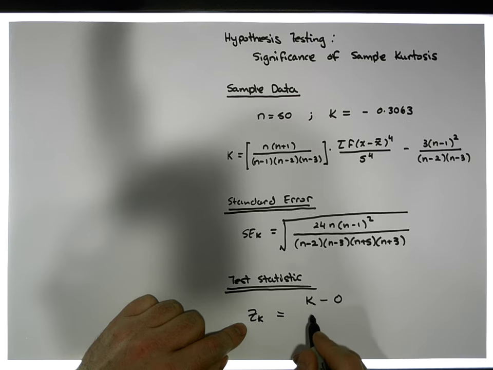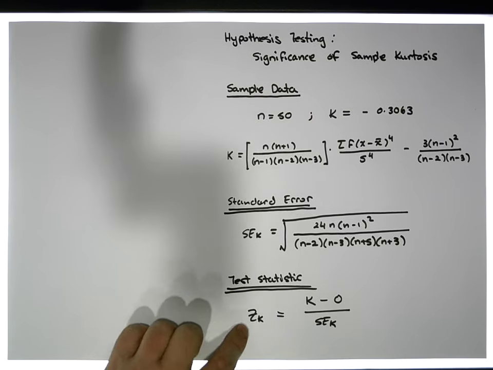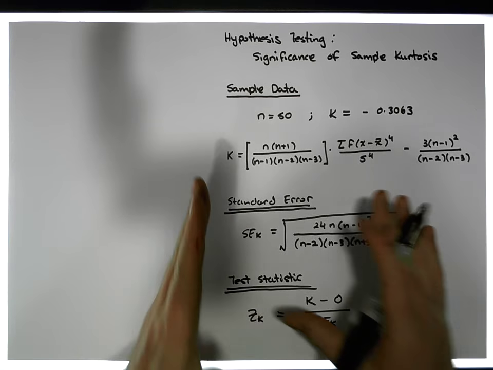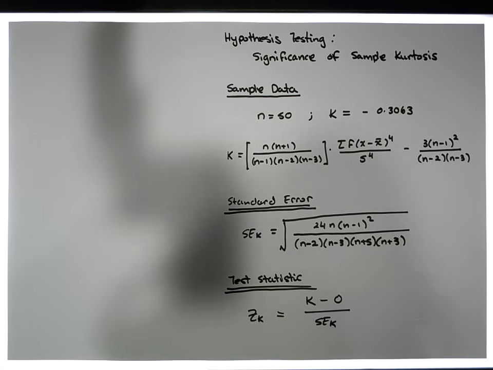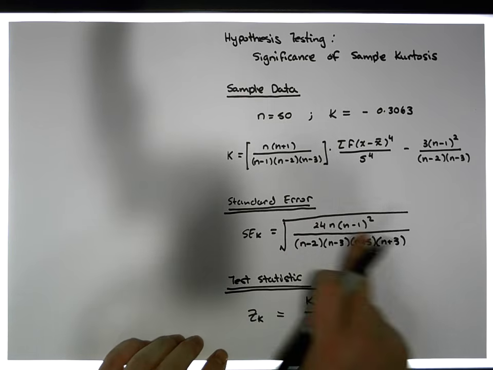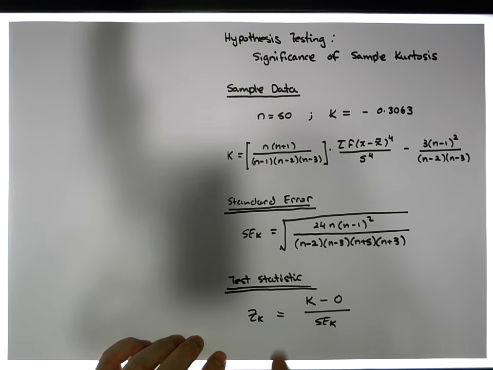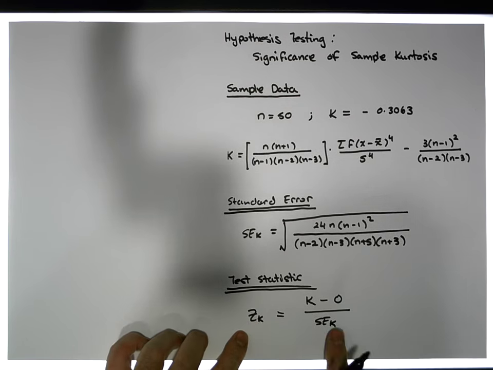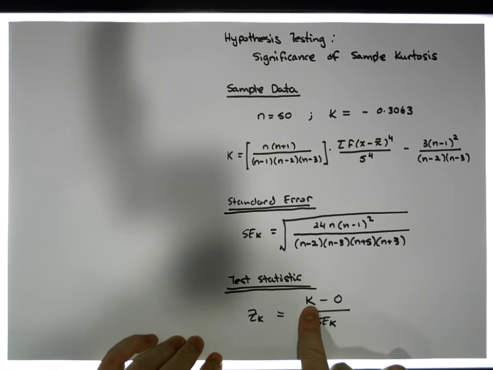And that needs to be divided by the standard error of our kurtosis. So we've got everything to do this test. We have the sample size and we know our sample kurtosis, so we can calculate the standard error quite quickly, and we can also calculate this test statistic, which is a measure of how far our evidence is away from where we believe it should be.